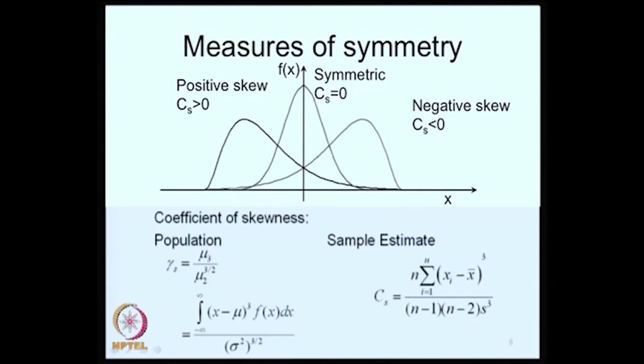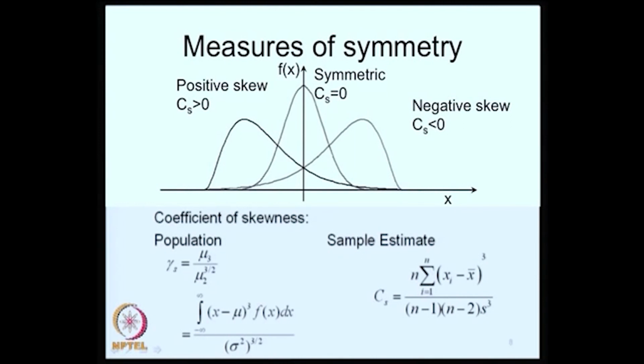The coefficient of symmetry or coefficient of skewness, as we have defined here, will indicate whether the values are symmetrically distributed, or there is a negative skew, in which case the Cs as defined here will be negative, or that it has a positive skew, in which case the Cs will have a positive value.